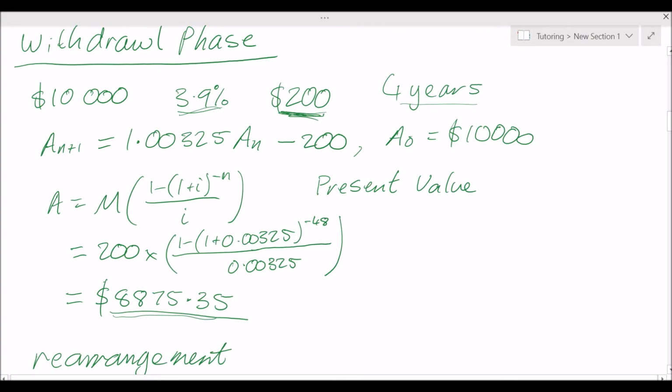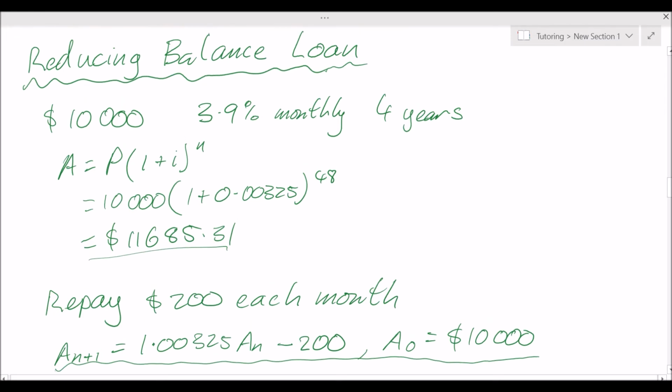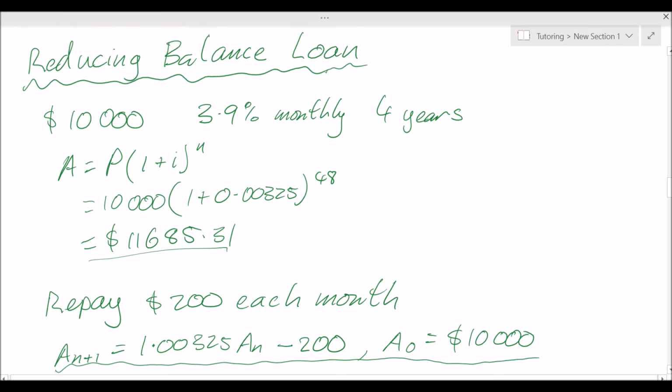The only difference is this is talking more about an investment, your money that you're collecting interest on, whereas a reducing balance loan is money that you've borrowed that you need to pay off, okay? So just the framing is different, but it's exactly the same mathematics, okay? So you can use that present value formula to solve questions about loans, okay?